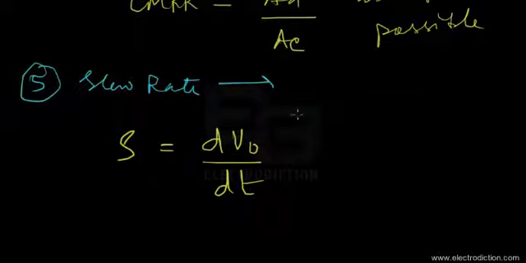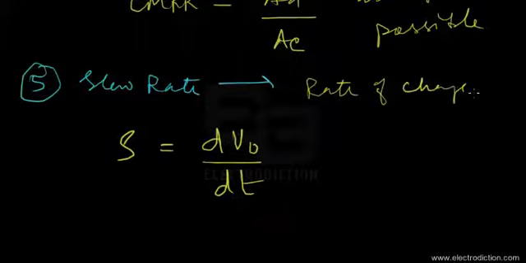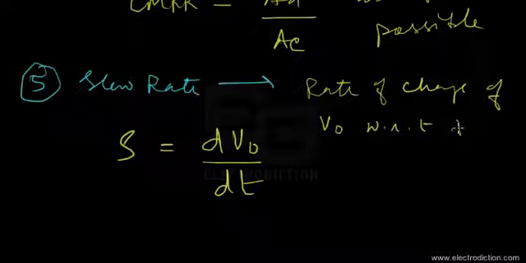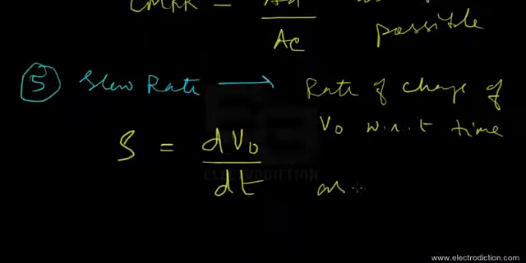So the slew rate implies the rate of change of the output voltage, Vo, with respect to time. This needs to be as high as possible.